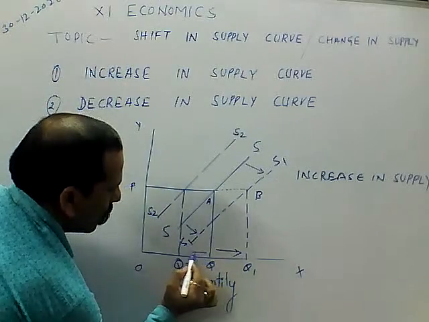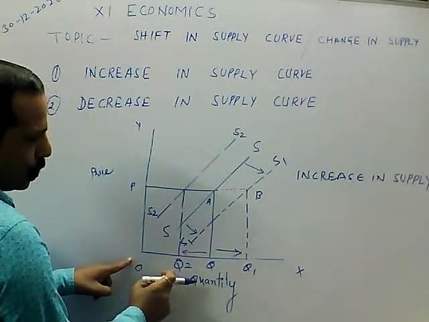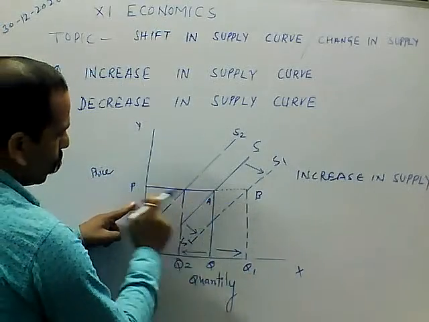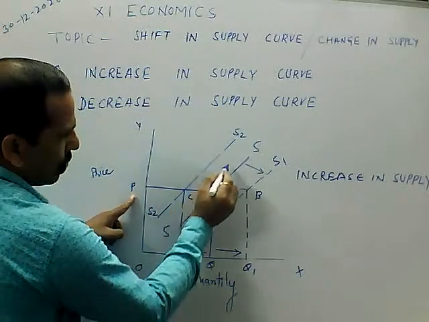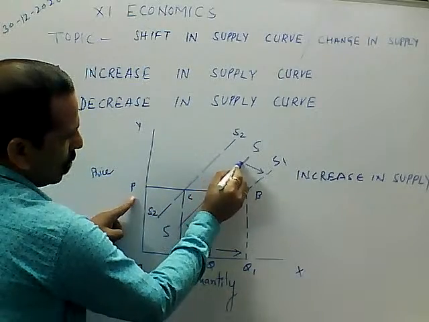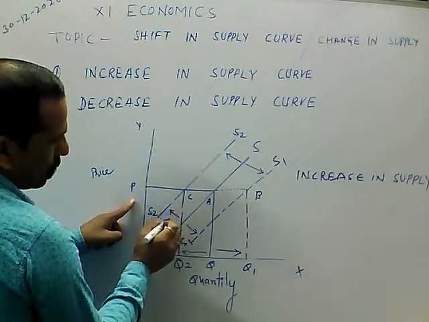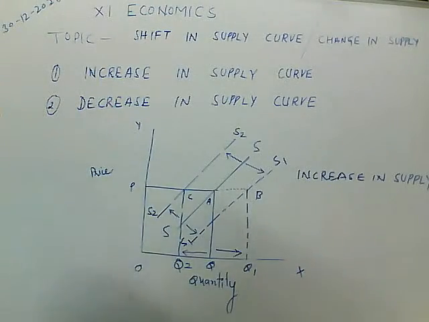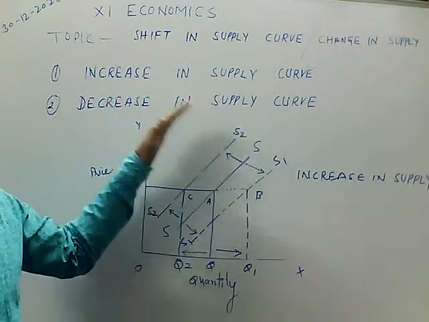So we will find the movement from OQ to OQ2, and from A, PA, to point C, let this be C point. So C is a backward shift or decrease in the supply, backward shift or left hand side shift.